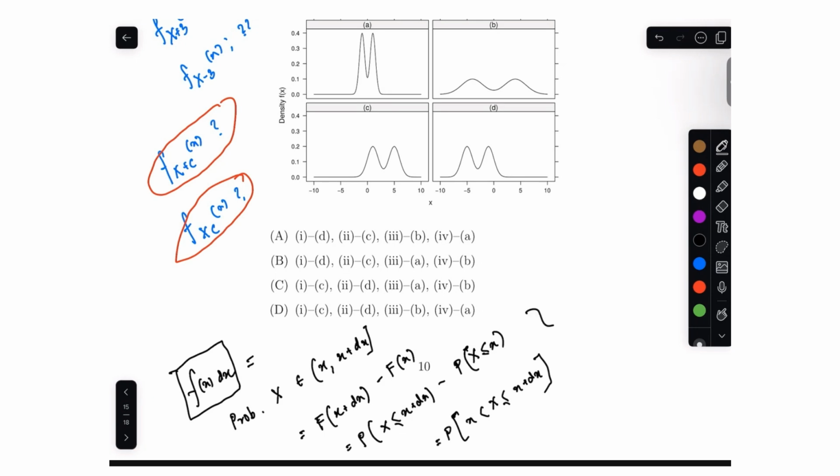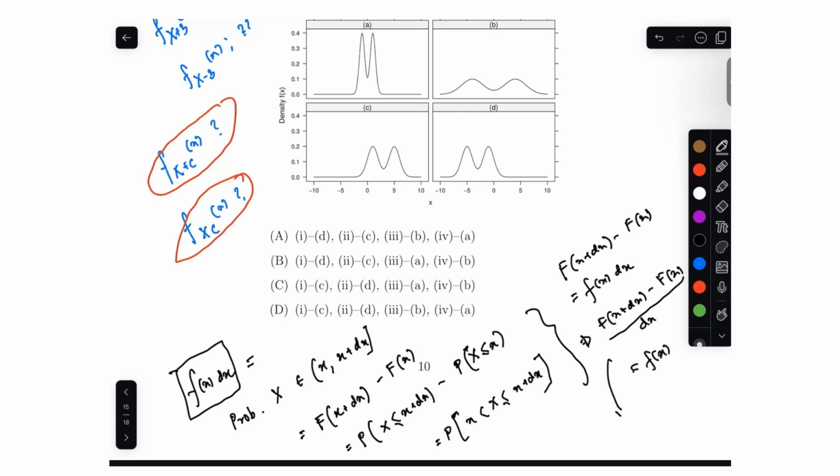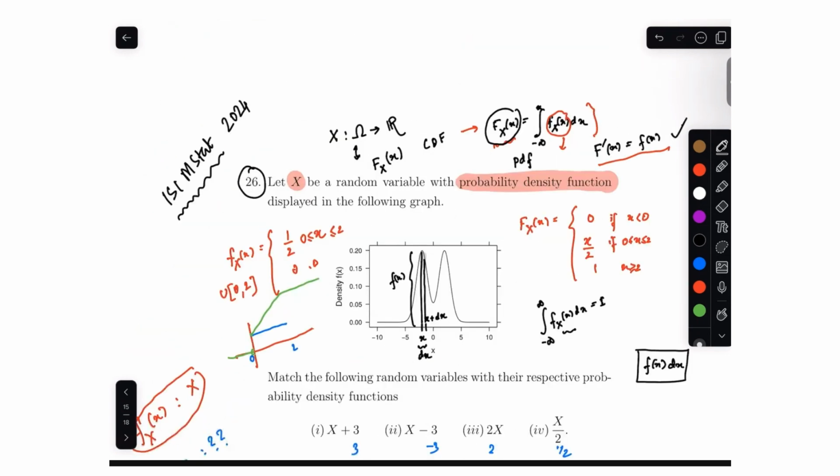And from here you can also derive the derivative. That is, F(x plus dx) minus F(x) is equal to f(x) dx. So F(x plus dx) minus F(x), divided by dx, is nothing but f(x). And as dx goes to 0, this is nothing but F'(x), which is this relationship.